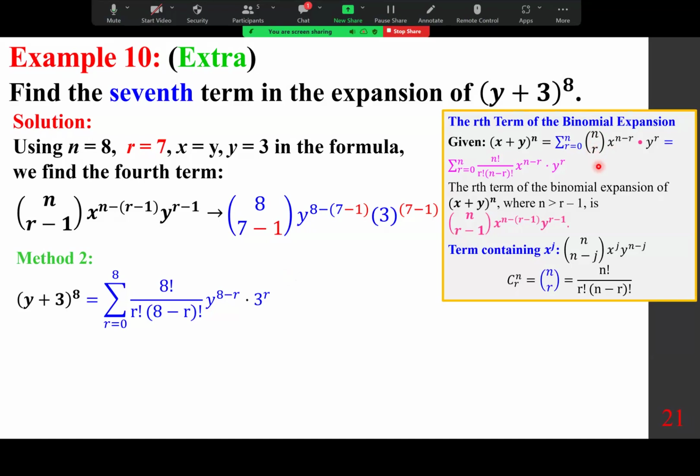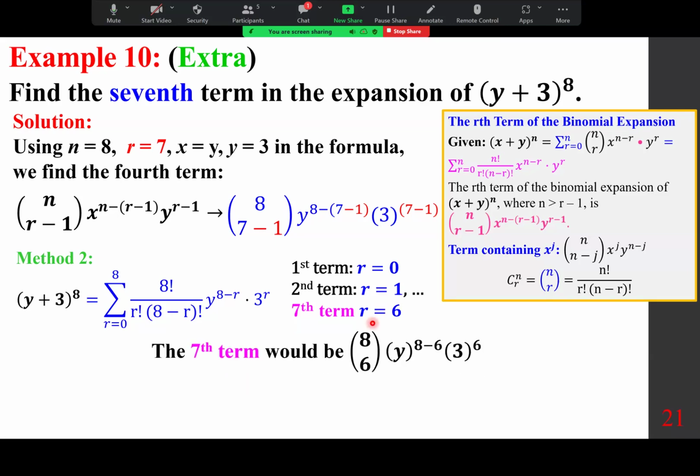Second term, r is 1. Third term, r is 2. So as you go through to the 7th term, r must be 6. Either way, this ends up being 6. So you don't have to memorize this formula. You can just go with what we have.